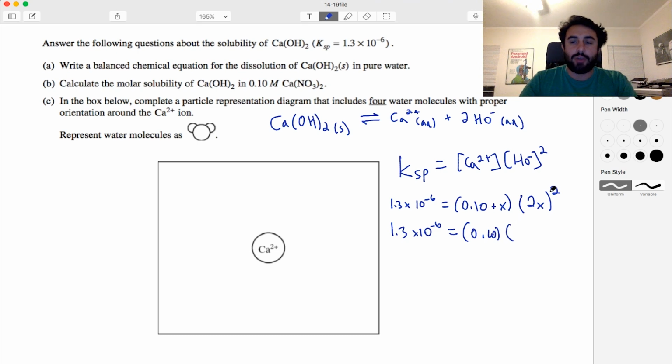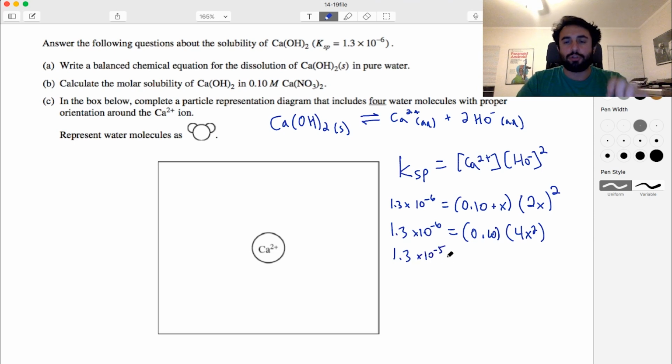And then here, 2x squared, let's remember our basic arithmetic. We have to square 2 and x, so we get 4x squared. Now let's divide both sides by 0.1. Dividing by 0.1 is like multiplying by 10. And if we're multiplying by 10, this gets an order of magnitude bigger, which means instead of 10 to the -6, we get 10 to the -5.